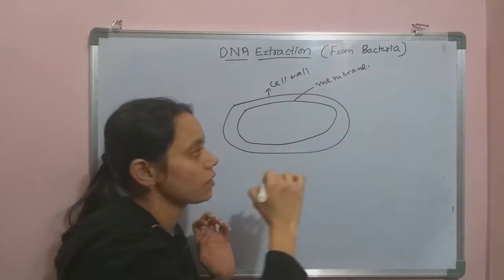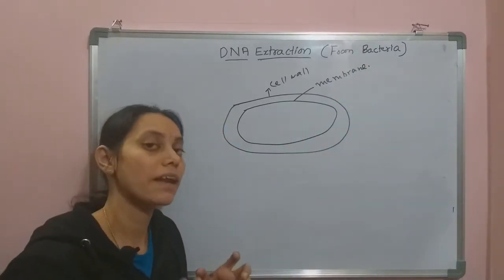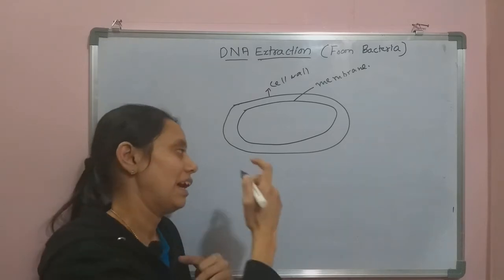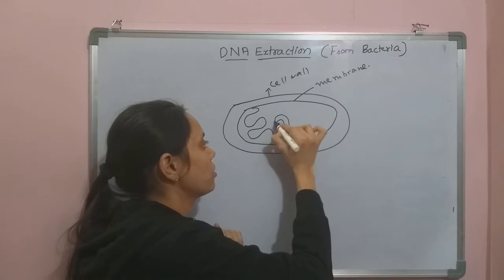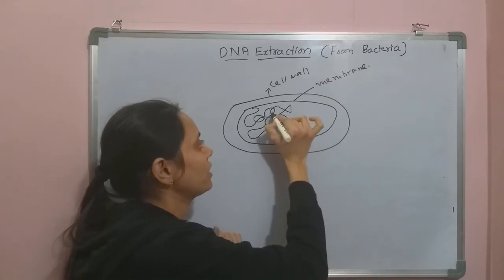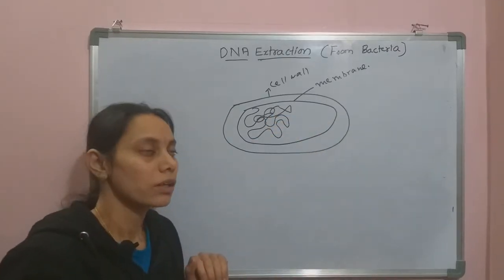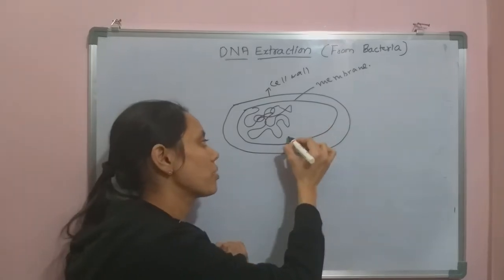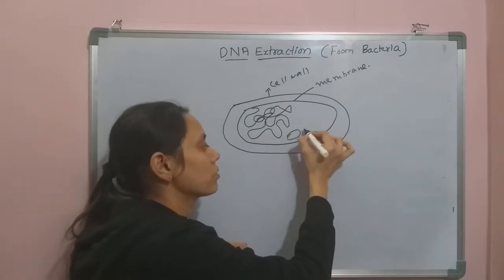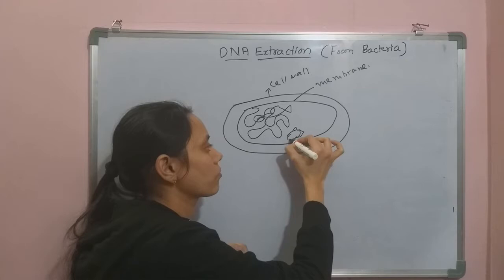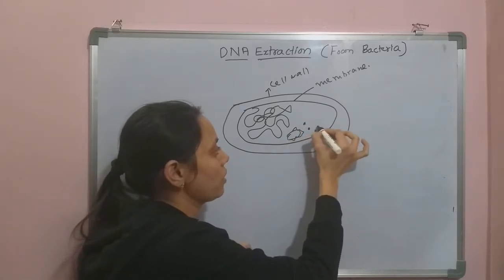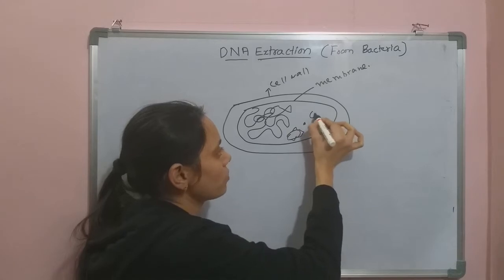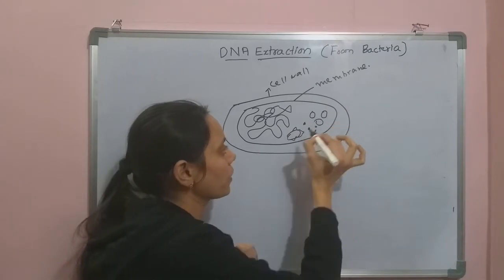This cell membrane is made up of proteins and lipids embedded in it. And beneath that there will be genomic DNA, which will generally be suspended in the cytoplasm, along with all the remaining cell components and cytoplasmic elements and some plasmid DNAs.